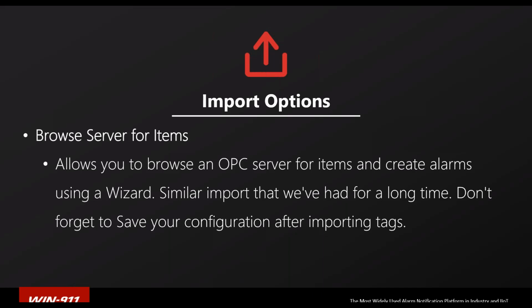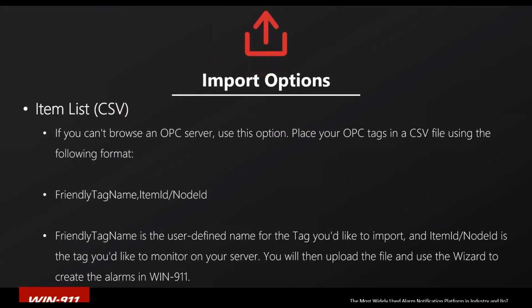Now, if you can't browse your OPC server, this is a new feature that we added: you can use a CSV file to put your item names into WIN-911. A prime example of this is Delta V. Our customers that use Delta V can't import from that when they try to browse.